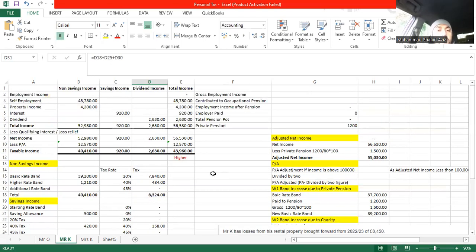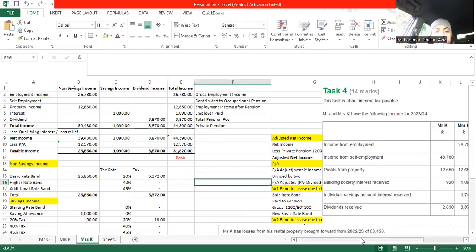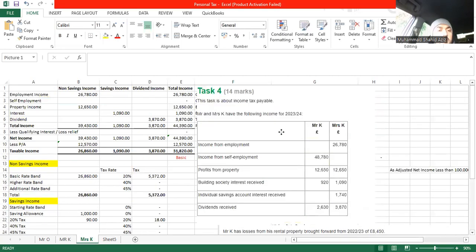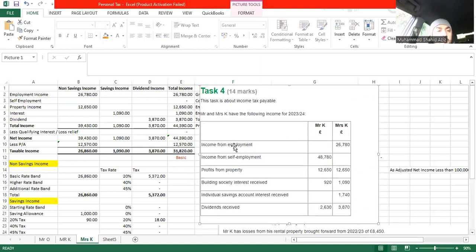Okay, let's do the same example for Mrs. K now. Before, we did Mr. K, and now it is Mrs. K. Income from employment is 26,780 pounds. Income from self-employment is nothing.